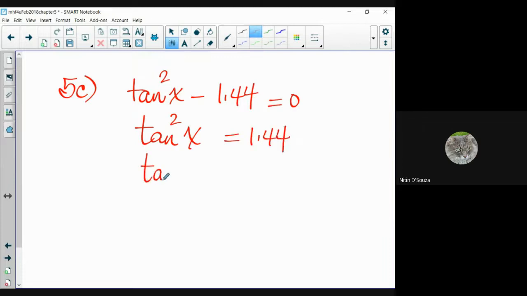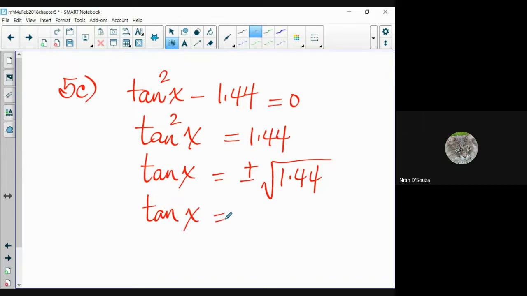So tan x is going to be plus or minus 1.2. 1.2 times 1.2 will give you 1.44. Negative 1.2 times negative 1.2 will give you 1.44. This plus or minus is huge. If you forget the plus or minus, you're going to miss half the answers. So it's a very big deal.